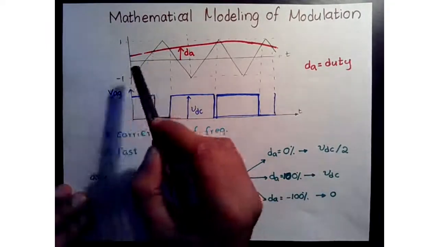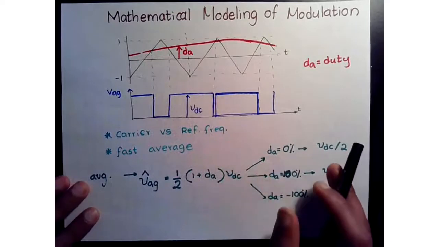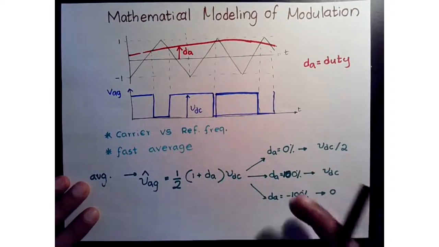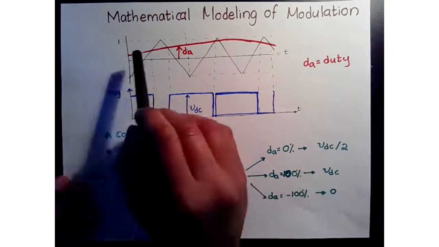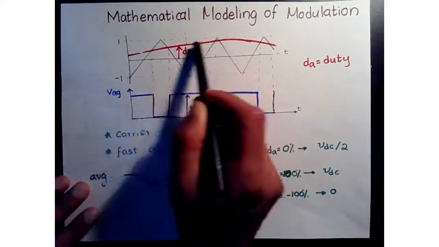And we have this carrier wave, right, which is at a very high frequency, typically in the 10, 20 kilohertz range. And then this is our modulation or the reference that we use.